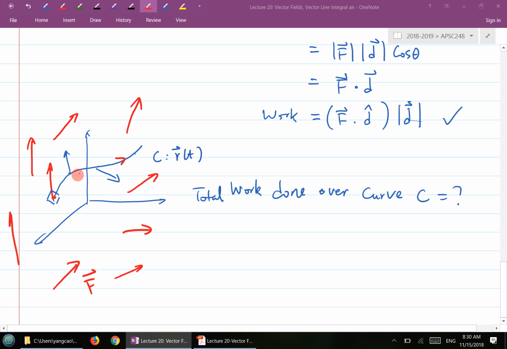Suppose here is the location of the object, and we're going to take a very small segment. The force is moving the small object over a very small curved segment of C, from here to here.